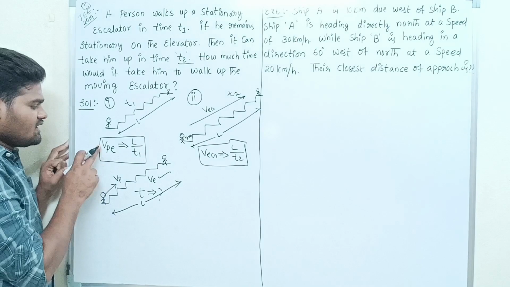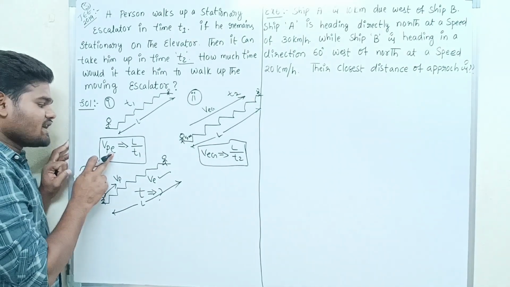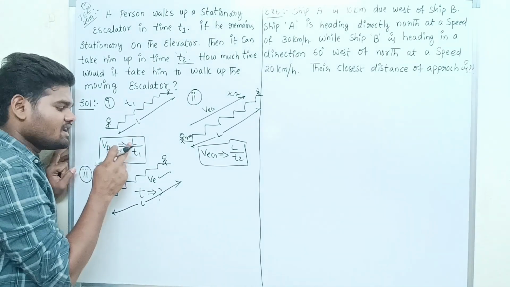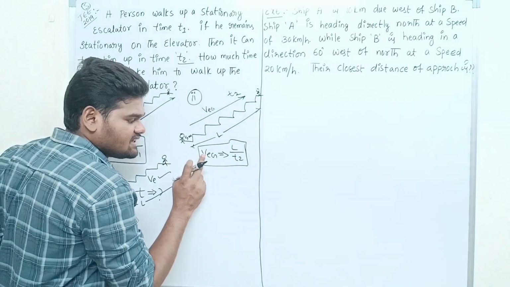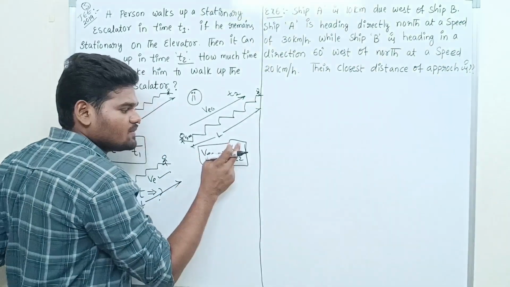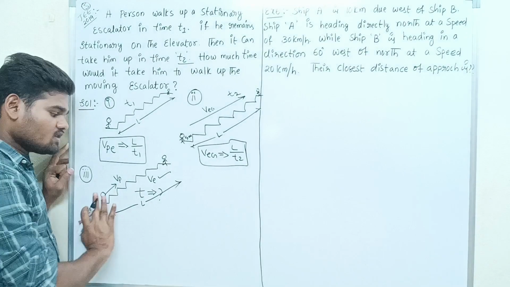Have a look. Here we have the velocity of the person with respect to the escalator, L by T1. Here we have the velocity of the escalator with respect to ground, L by T2. Now both, the escalator and the person, are moving.